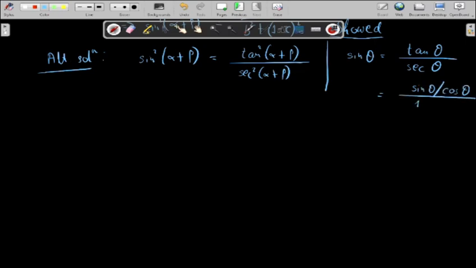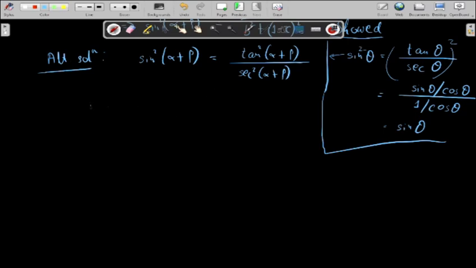And sec theta is 1 upon cos theta. So these two will get cancelled out and we are left with only sin theta, right? So this is what I have used here. I just squared it. So sin squared theta will become this whole square, which is what I have used here.